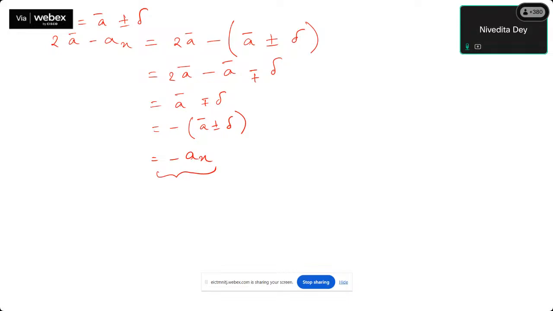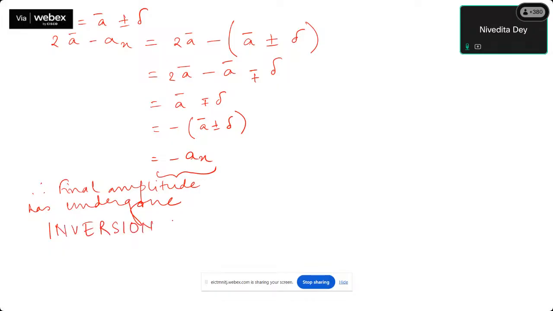Now your initial amplitude or your final amplitude has undergone inversion about the mean. Mean means the mean amplitude.